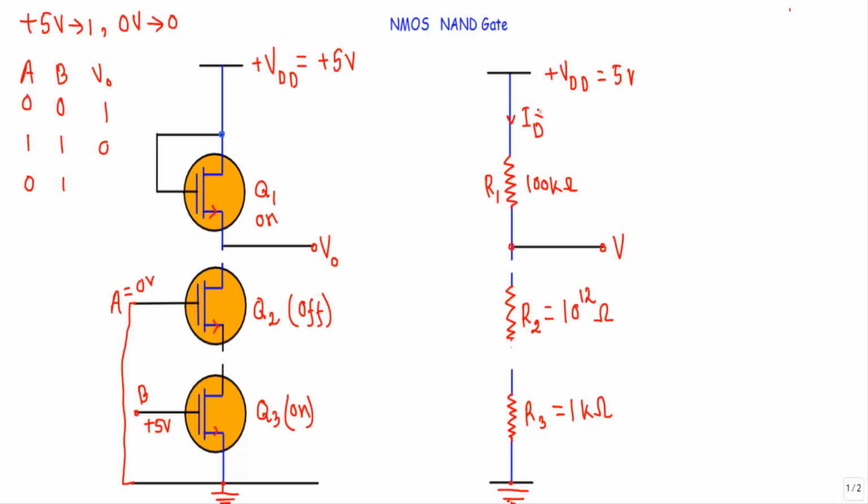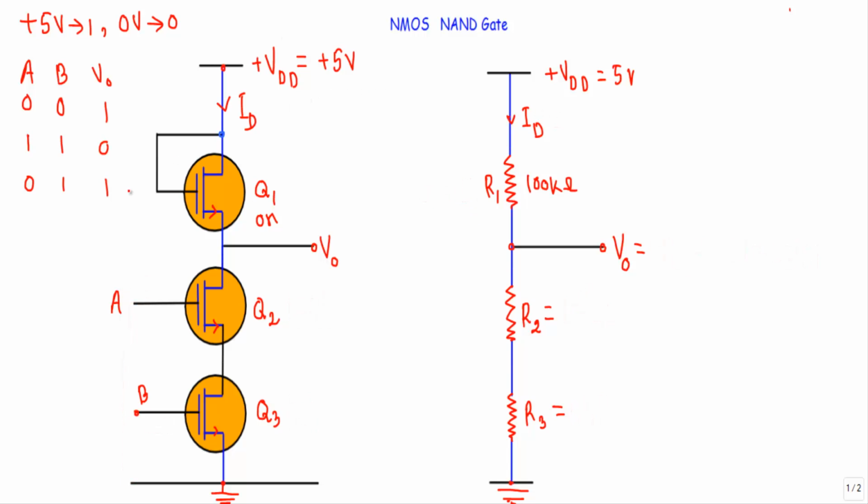Now see, as a result, ID will be equal to 0 because there will be no current flow. There will be no closed path for current flow from this terminal to this ground terminal. Okay, as ID will be equal to 0, here ID R1 will also be equal to 0 because ID equal to 0. So there is no voltage drop across this 100 kilo ohm resistor. Therefore our output voltage VO will be equal to plus VDD or plus 5 volt, or it will be at logic 1.